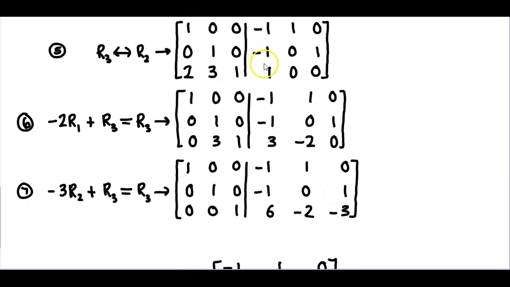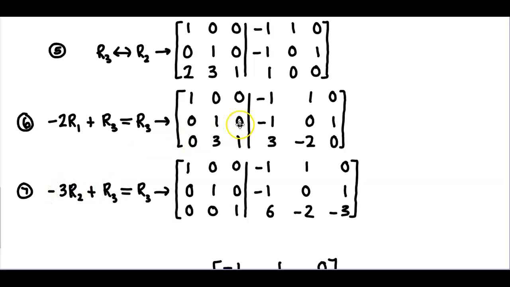So on the left-hand side, we're almost getting the identity matrix. And what we need to do is make this 3 a 0. So in order to do that, we can multiply the second row by negative 3 and add it to row 3. So negative 3 times 0 is 0 plus 0 is 0. Negative 3 times 1 is negative 3 plus 3 is 0.